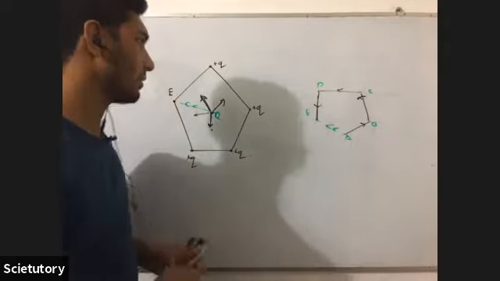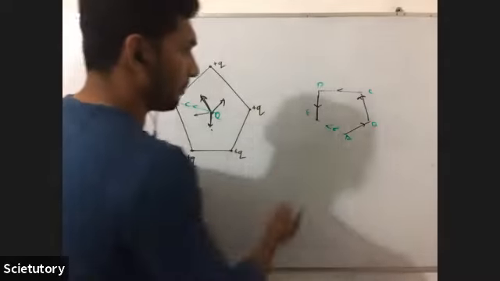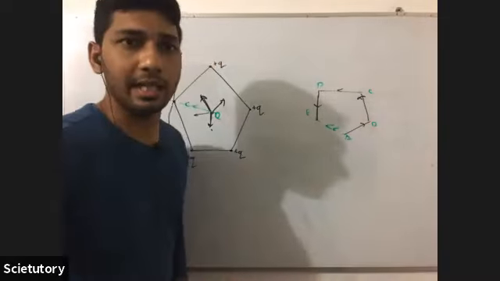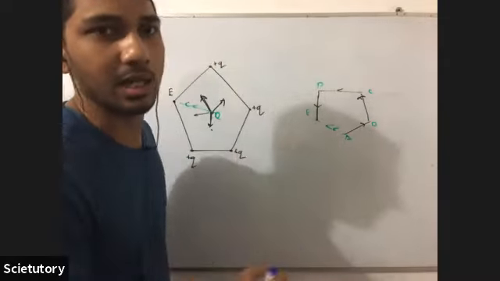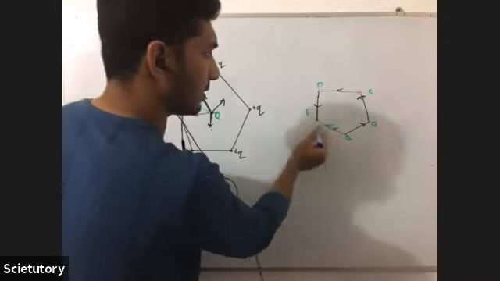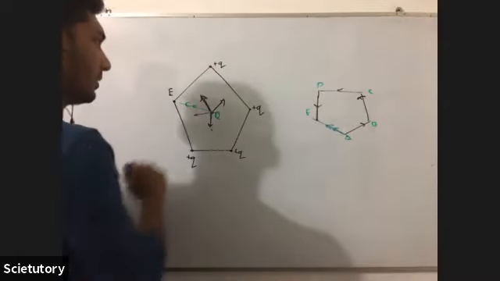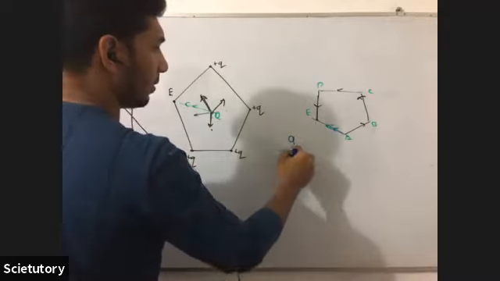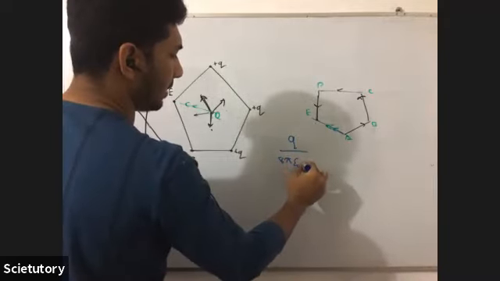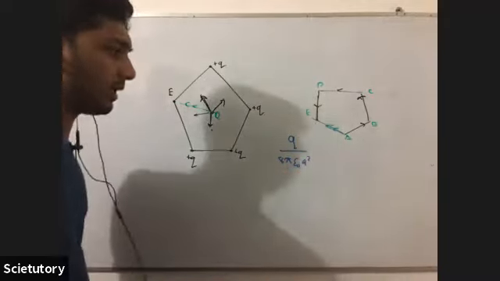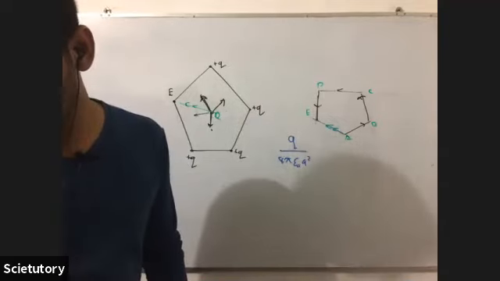The resultant is actually the electric field intensity by a single charge, which is Q over 4 pi epsilon naught a squared. It's very easy.